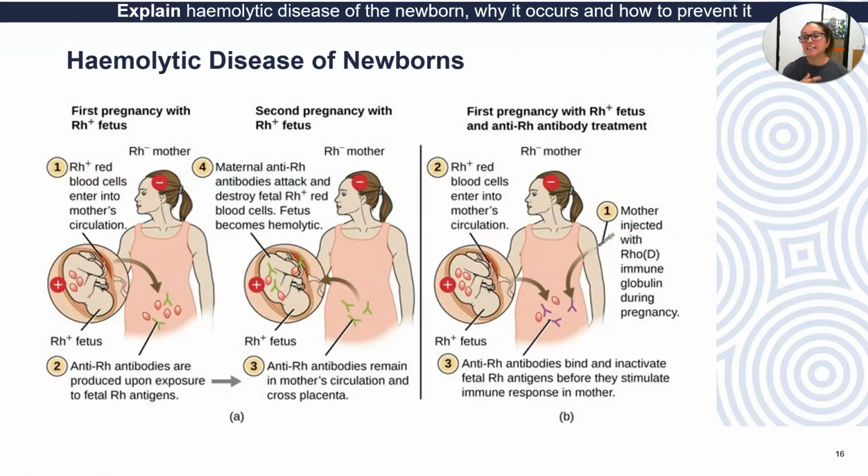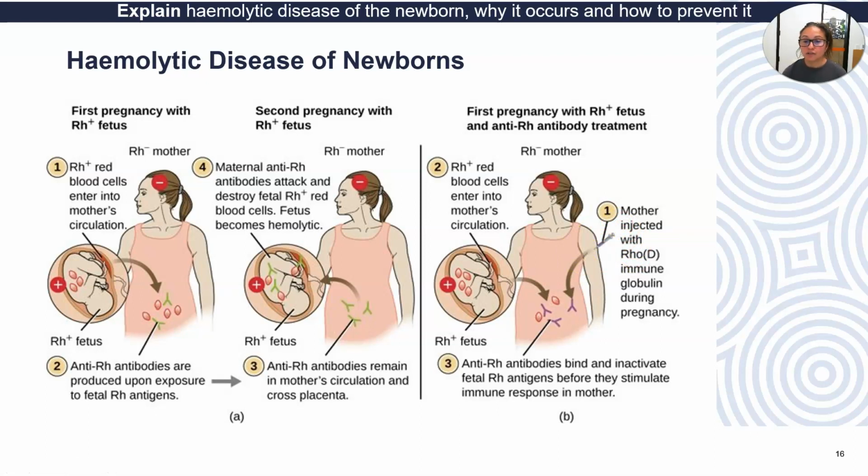So that's the issue. Now, if that does happen, you know how you go and get blood tests when you're pregnant, they can work out what blood type you are. If you do have antibodies for anti-D, so the D antigen, they give you an injection to stop you from making those antibodies.